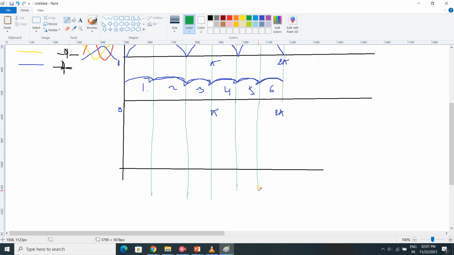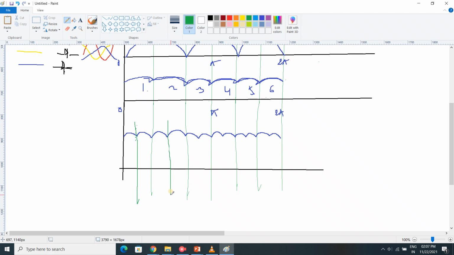So these are the 6 segments we have taken, but in 12 pulse we will have 12 segments, because in each segment we will have double rectification, like this: 1, 2, 3, 4, 5, 6, 7, 8, 9, 10, 11, 12.